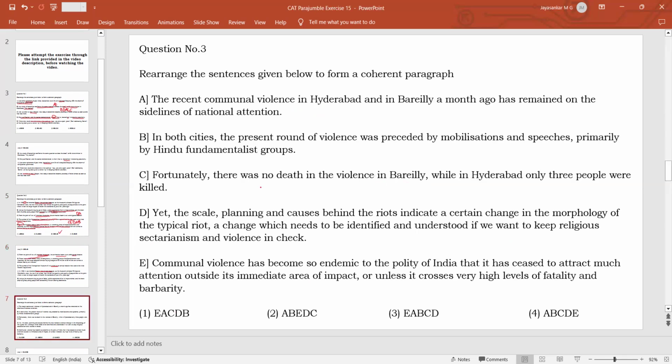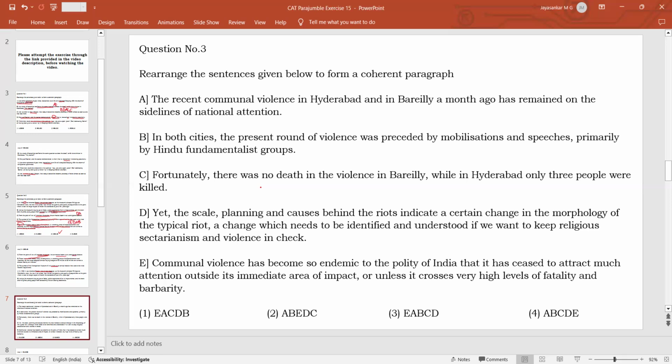All right, go to question number 3. Here we are talking about communal violence that happened in the cities of Hyderabad and Bareilly, and how communal violence is happening nowadays in India, how it has become an ordinary thing, something normal with Indian politics, and people don't pay too much attention to it unless the number of fatalities is very large, or the amount of violence inflicted on the people is very gruesome.